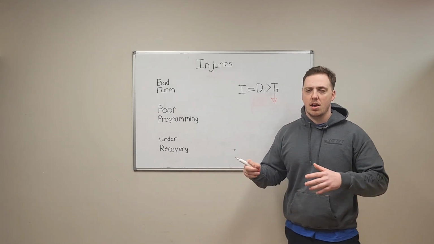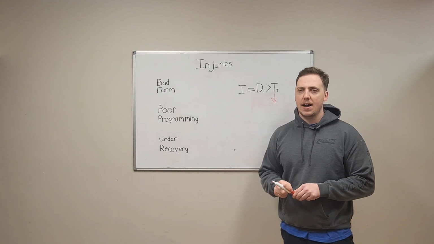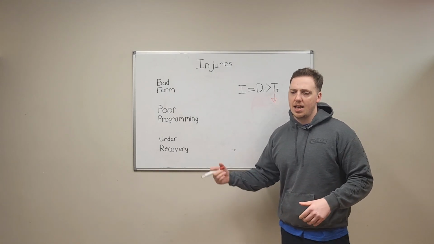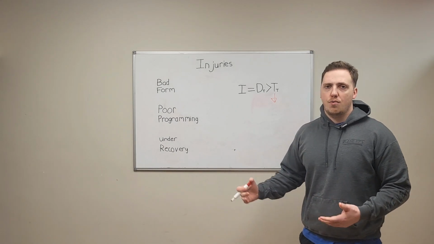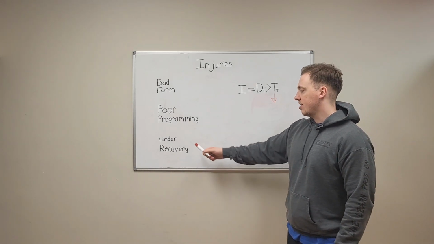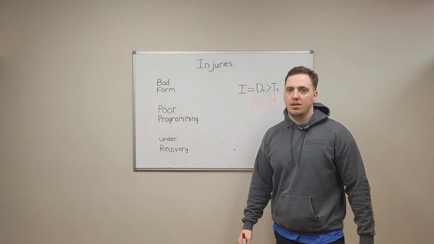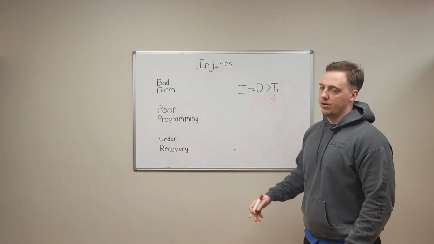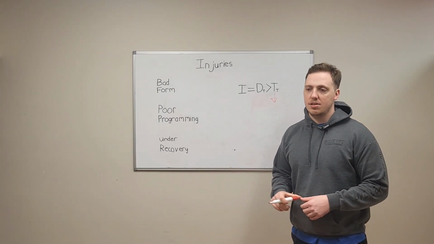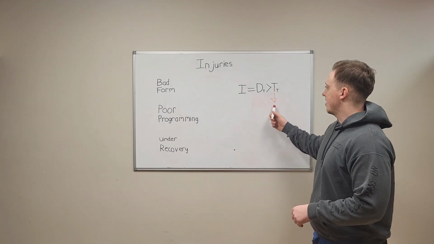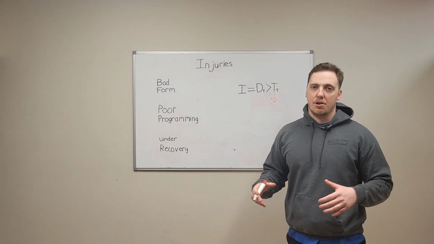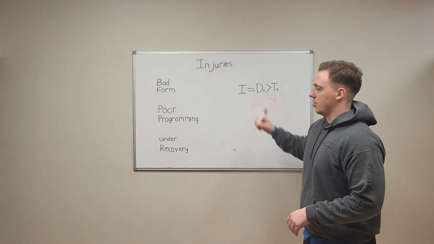I was maybe RDLing 225, but I'm used to being able to RDL 275. Why'd it go at 225? And the culprit is almost always under recovery, whether they were not getting enough sleep or whether they were eating like a child, that tissue tolerance just wasn't there on that day, resulting in that injury.